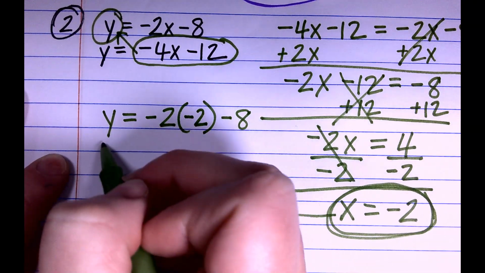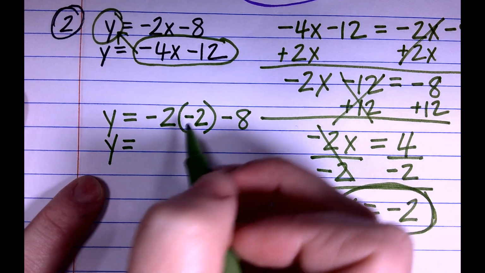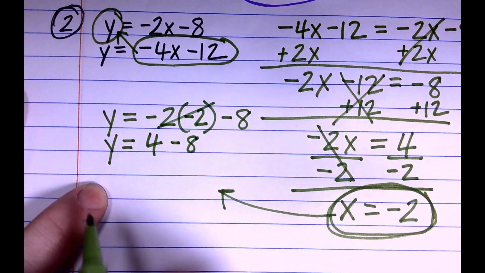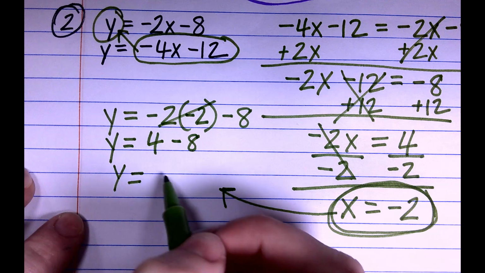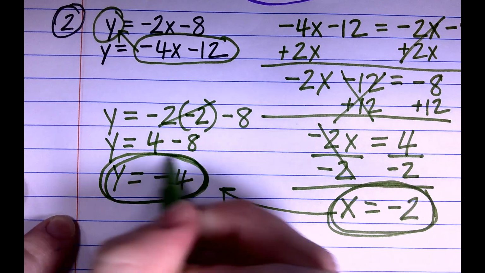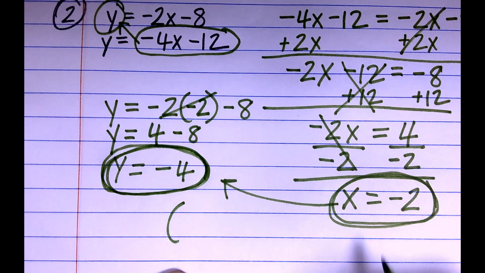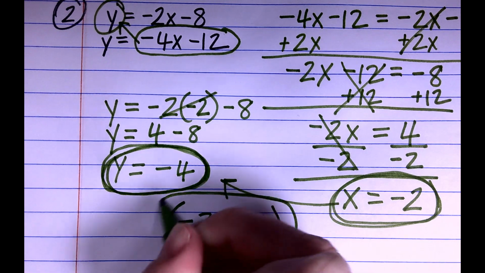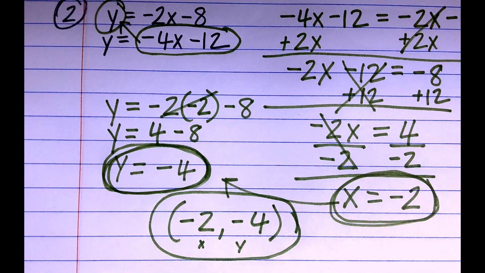So what's negative 2 times negative 2? 4. Positive 4. Minus 8. So what's positive 4 minus 8? Negative 4. We've solved for x. We've solved for y. That's our answer. As a coordinate, we could say negative 2 comma negative 4 to give us our x and our y. There we go. That's number 2.